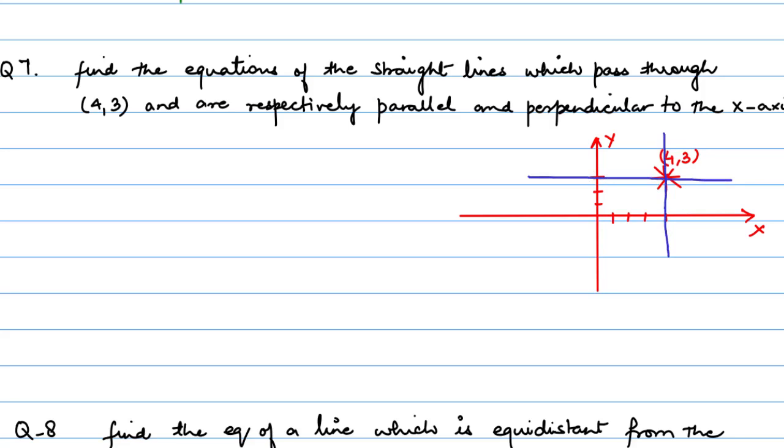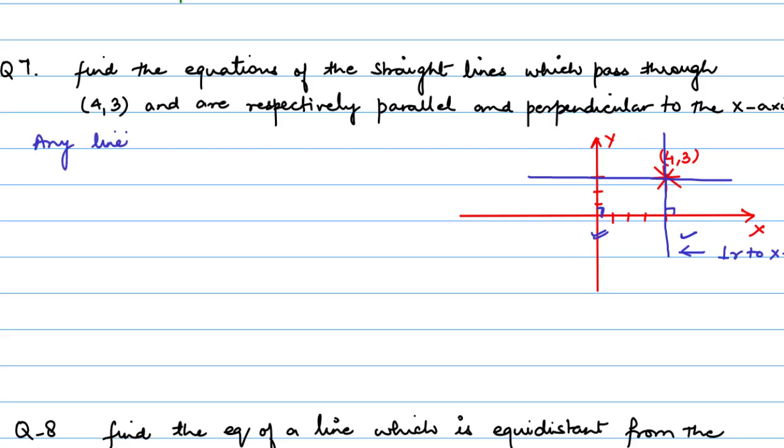Obviously, in the first case, let's say this is parallel to y-axis or perpendicular to x-axis, one and the same thing. This is perpendicular to x-axis. If it is perpendicular to x-axis, this is 90 degrees and this was 90 degrees. Therefore this line is parallel to y-axis.